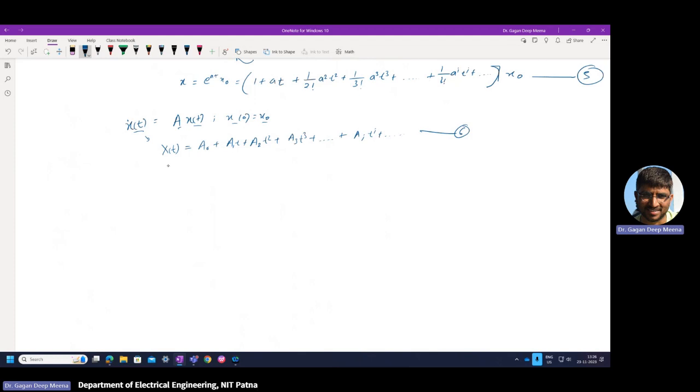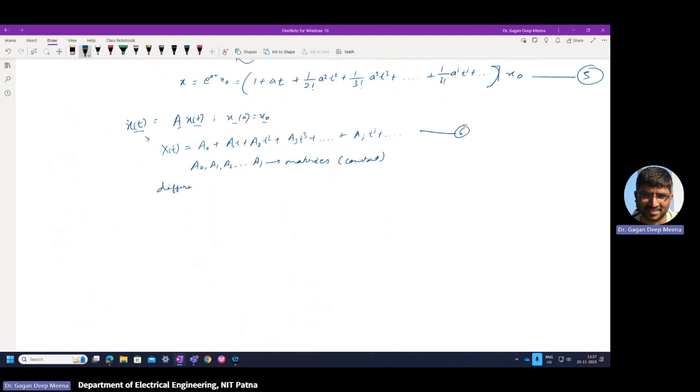All of these A's are matrices, and all of the elements of these matrices are constant. So a0, a1, a2 till ai all are constant matrices.